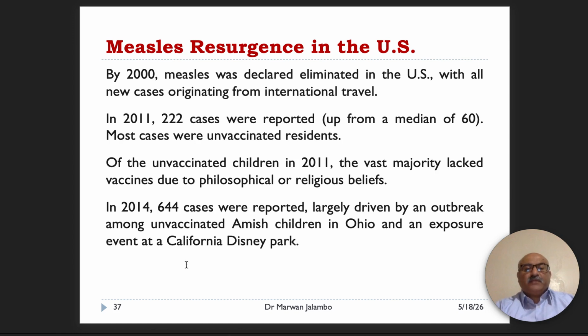In 2014, cases surged to 644, driven by an outbreak among unvaccinated Amish children in Ohio, and a major exposure even originated at a Disney theme park in California. The situation escalated further in 2018.